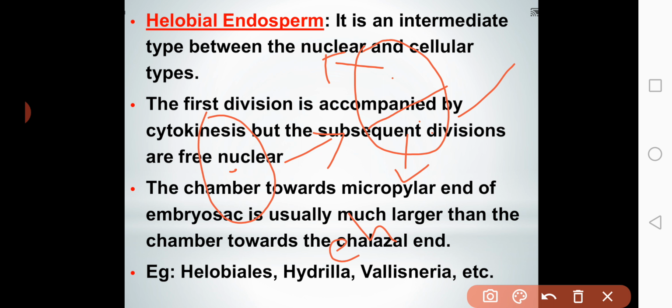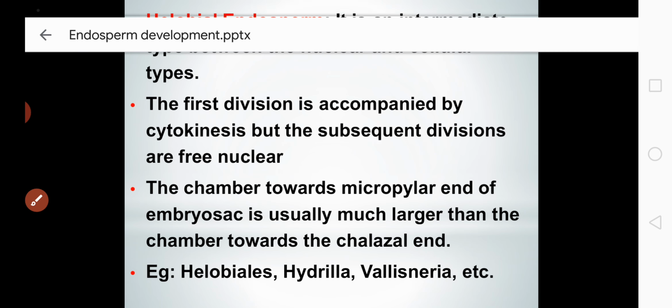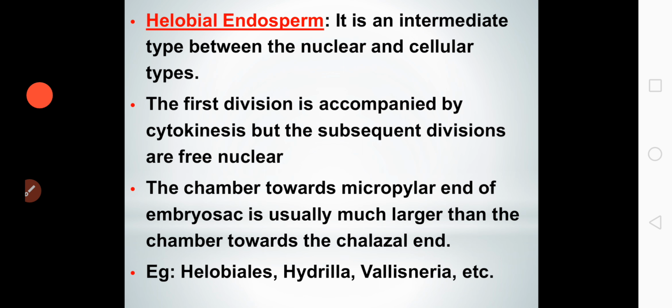After this cellular stage, the nuclei present within the chalazal cell as well as the micropylar cell divide repeatedly to form many nuclei, but here the nuclei remain free. An example for this helobial type of endosperm formation: Hydrilla, Vallisneria and the order Helobiales.